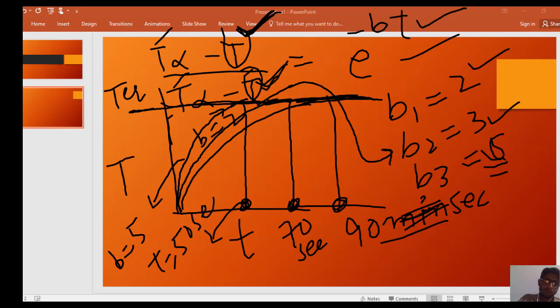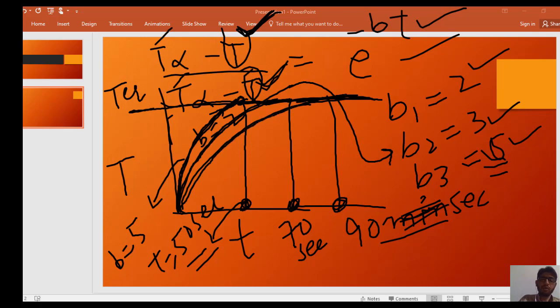So from this graph, we know that as we increase the value of B, the equilibrium temperature is achieved earlier, in less time.